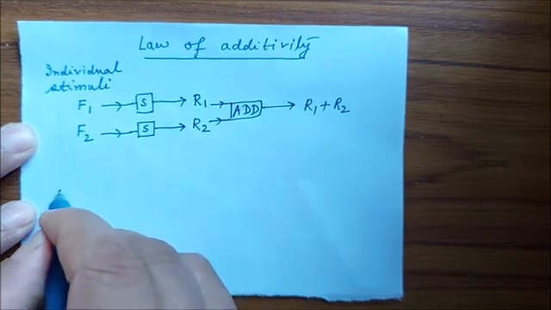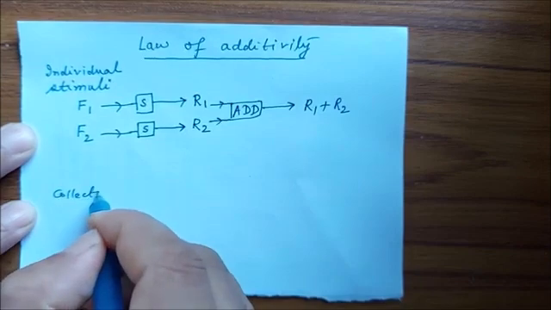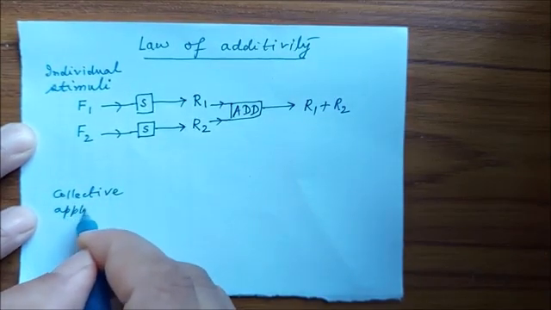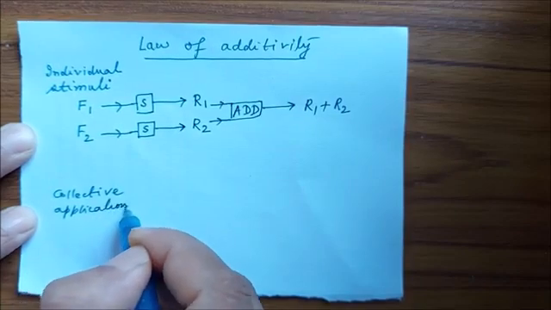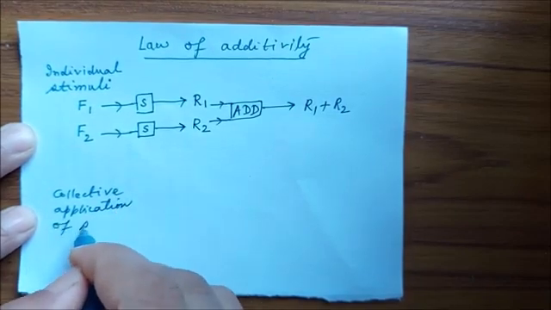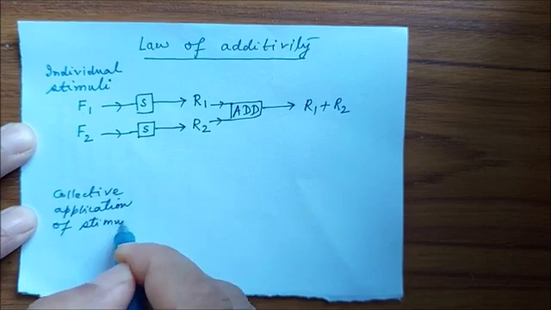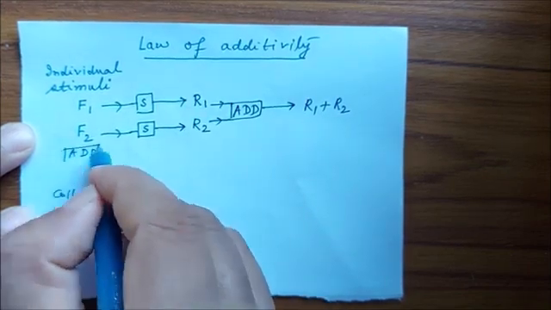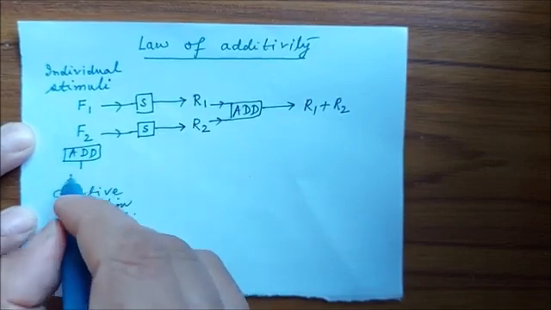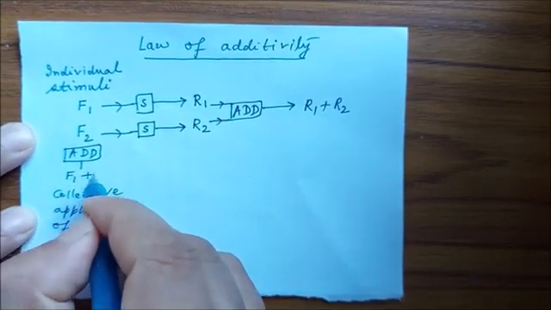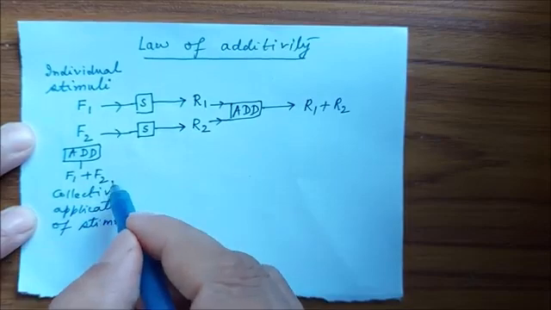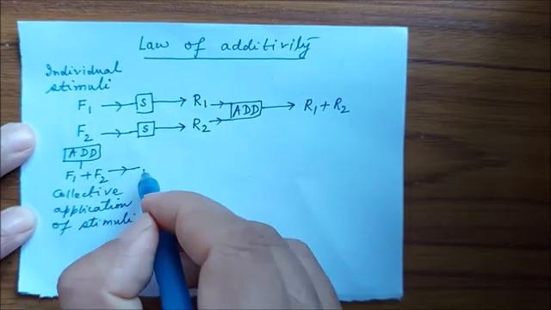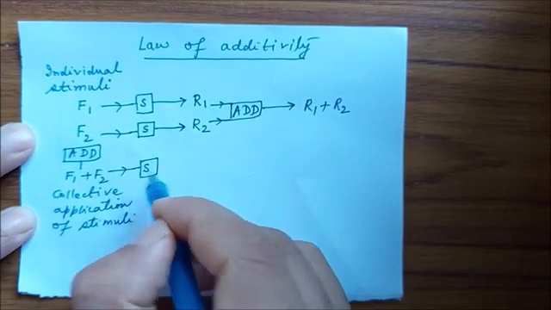That is collective application of stimuli. Which means we add them, and if we add them we get F1 plus F2, and this is fed to the system.